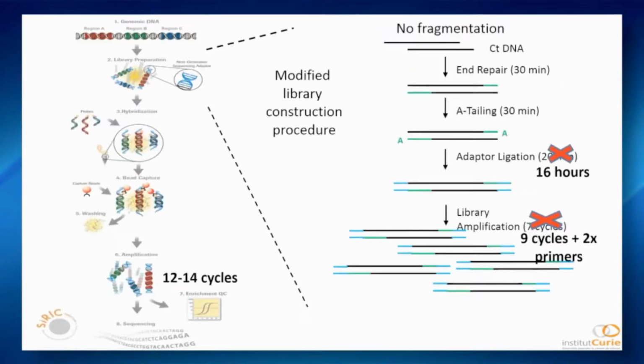And this is why in our lab, Mathieu Chicard and other collaborators spent some time with a bit of a fiddly step trying to adapt the standard whole exome sequencing techniques to circulating tumor DNA, and to apply a modified library construction procedure to really enable whole exome sequencing on ctDNA.